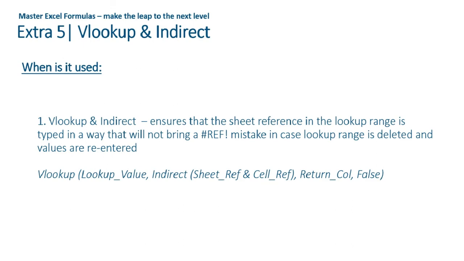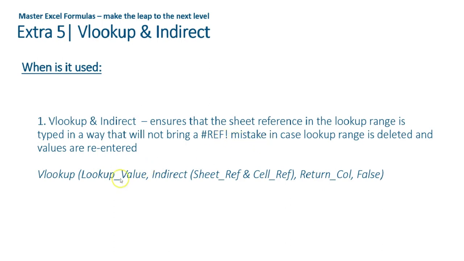Now what does the VLOOKUP and INDIRECT combination do? It ensures that the sheet reference in the lookup range is typed in a way that will not bring a reference mistake. This is usually the mistake that comes up when something within the lookup range for the VLOOKUP part has, let's say, been deleted.